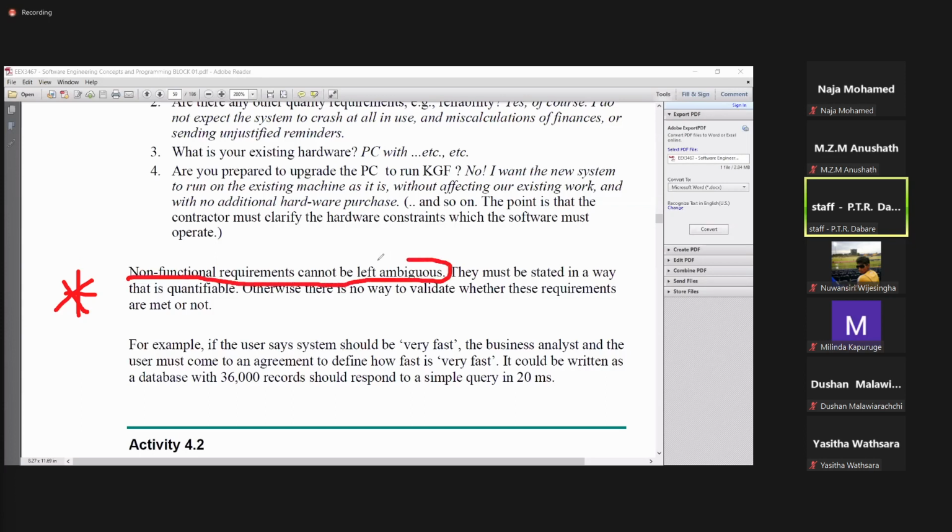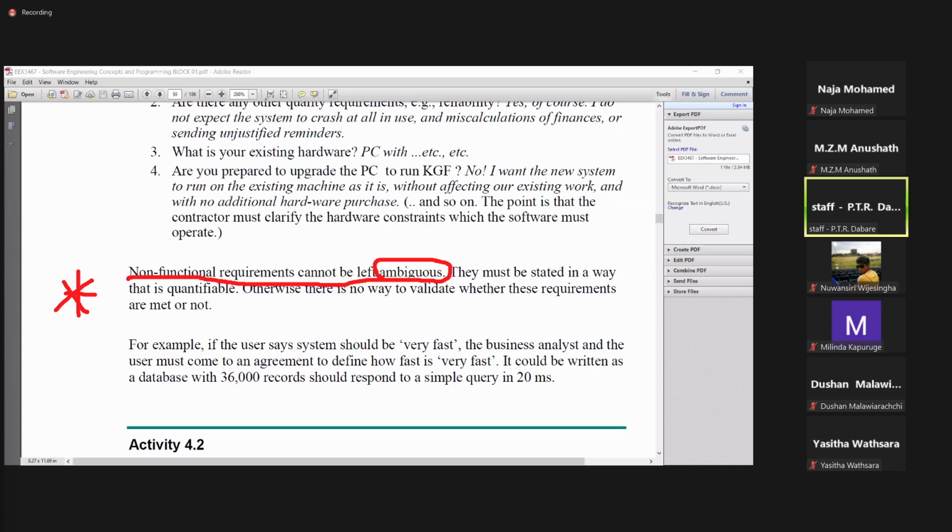What do you mean by this? It can't have multiple interpretations or ideas. In very simple terms, it should be quantifiable.